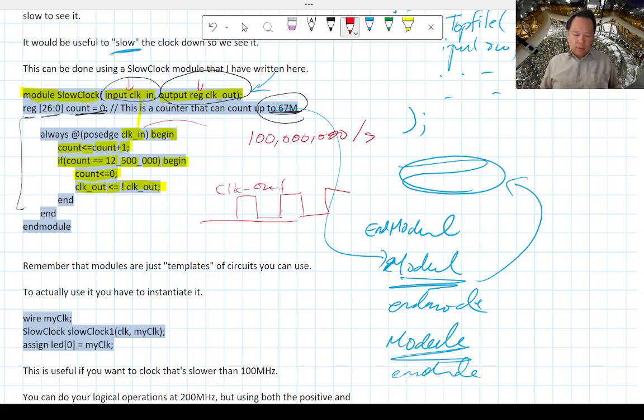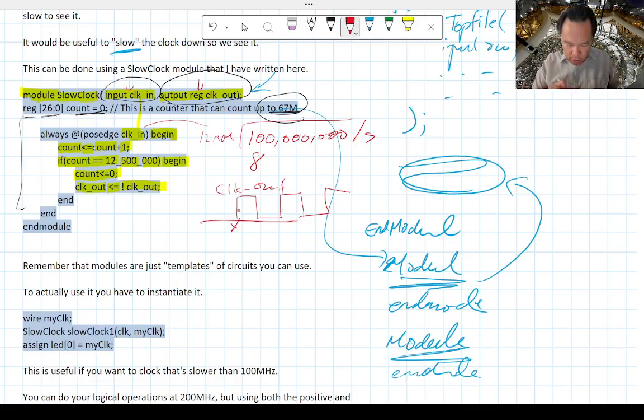That's 100 megahertz, right? If you take this and you divide it, because that's how you divide, you get the answer 8. 12.5 million into 100 million is 8. So what I'm doing is I'm toggling this clock out 8 times per second.